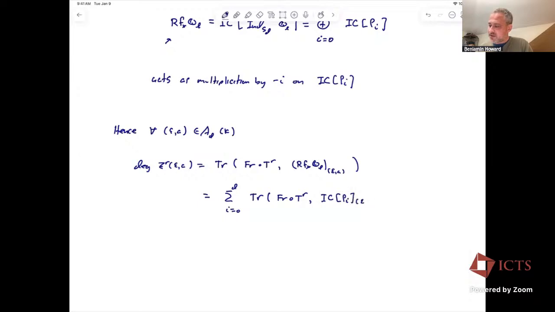So we take their stalks at a and look at the trace of Frobenius and R iterates of T on that stalk.